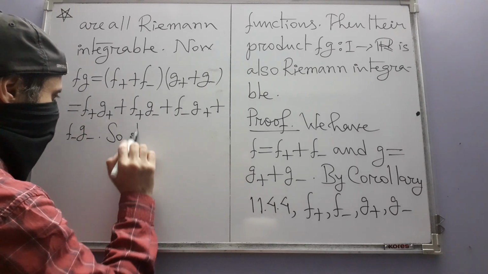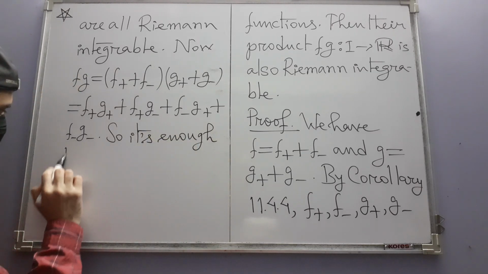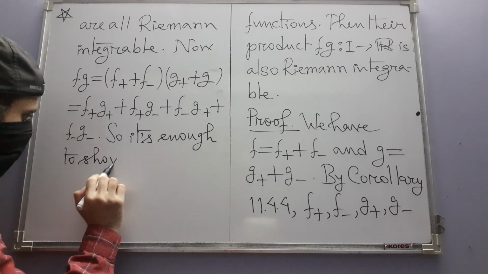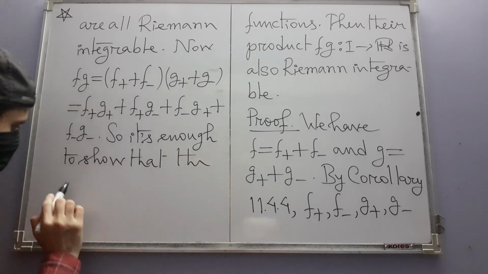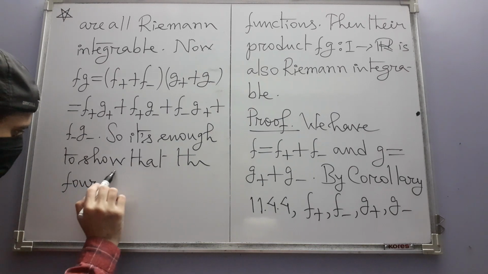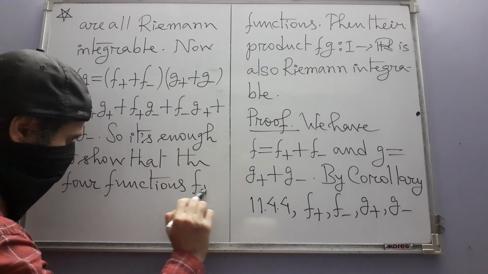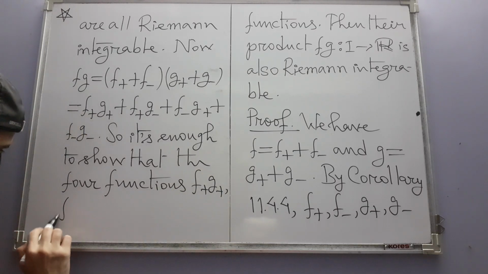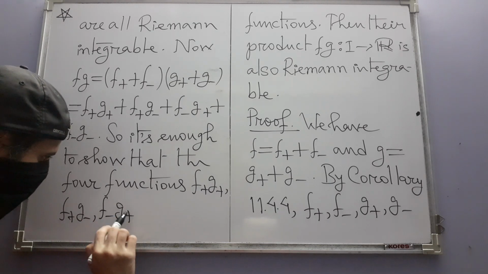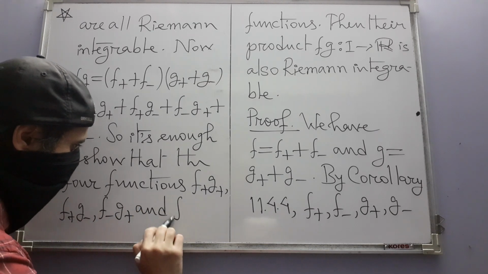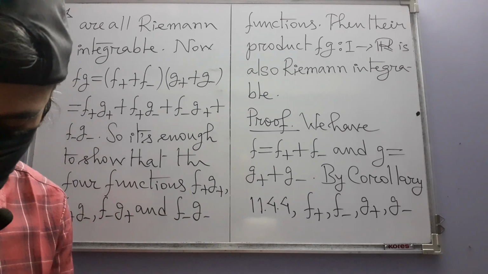So it's enough to show that the four functions above, f plus g plus, f plus g minus, f minus g plus and f minus g minus are all Riemann integrable.